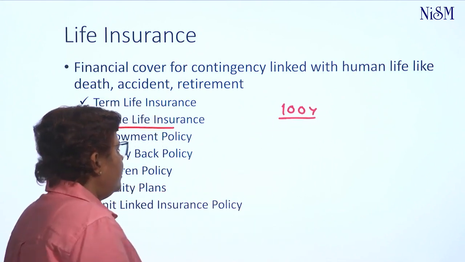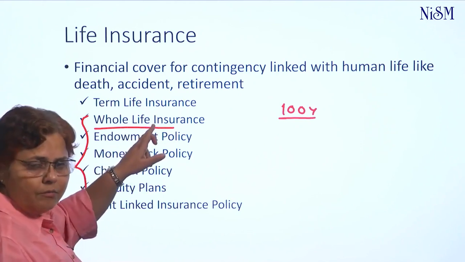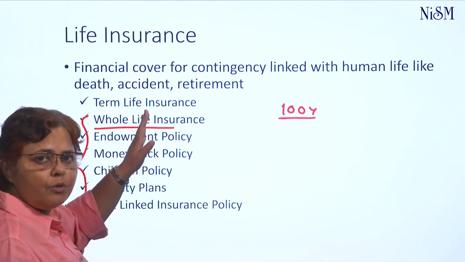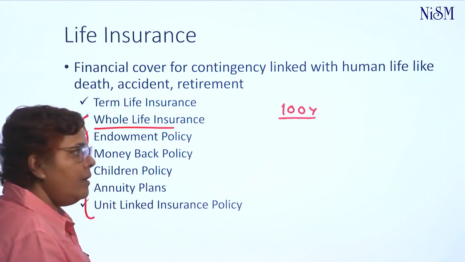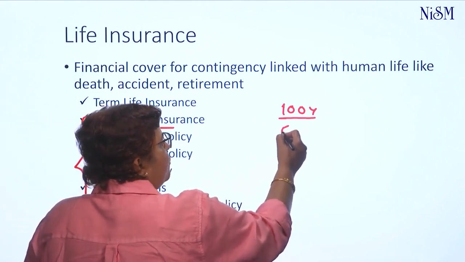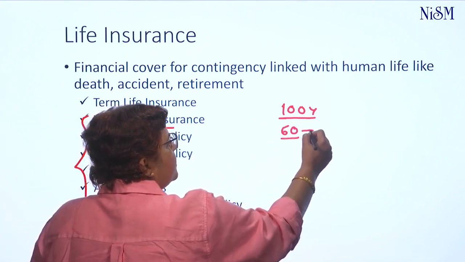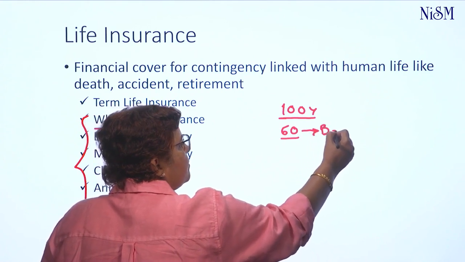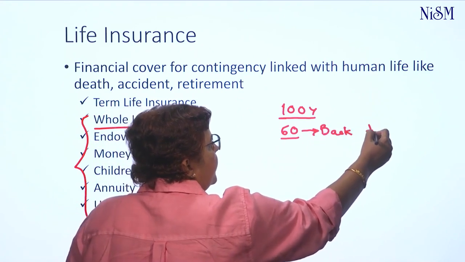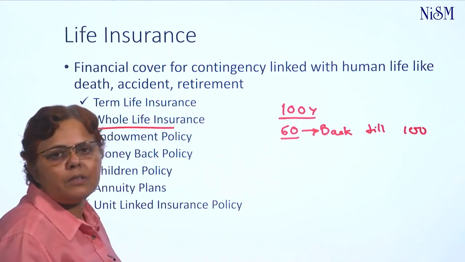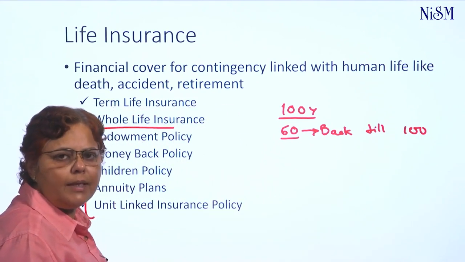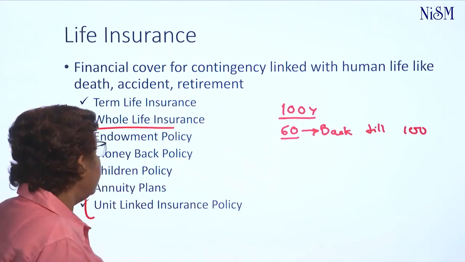So, these are the covers which will ask them to invest that money, get insurance, and then probably at the age of 60, they will start getting some money back till they survive or till the age of 100, whichever happens earlier. That is called whole life cover.